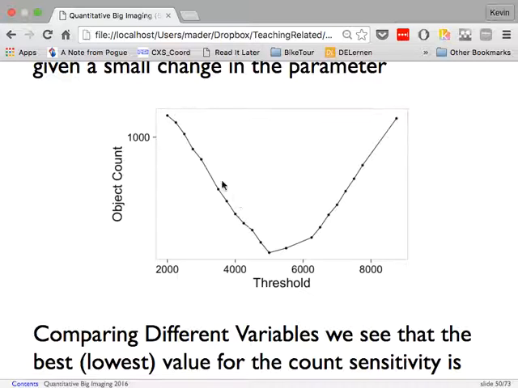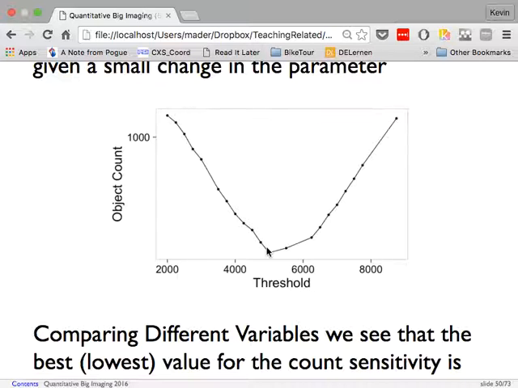If you look at this region, this is a very steep slope, which means by changing your threshold a little bit, you change your output value a lot. And so actually having a low object count is usually bad, because if you have one extra object, you change your whole result a lot.